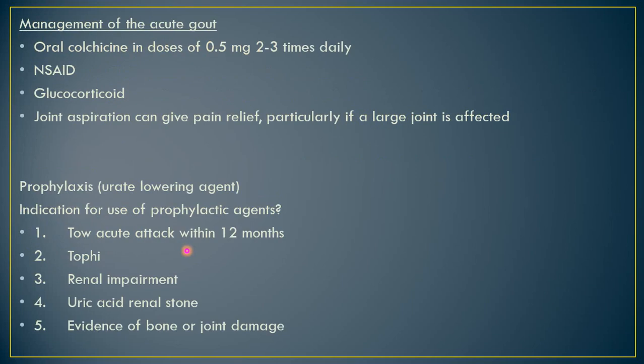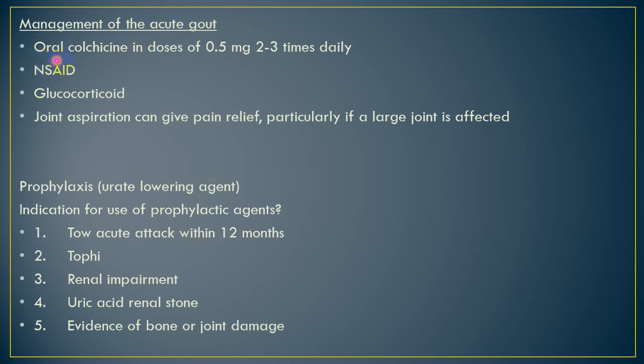Management. Our approach in the management of gout will be divided into two pathways. First is how to treat an acute attack of gout, and second is to prevent further acute attacks in the future. So, for management of an acute attack, we have several drugs, mainly anti-inflammatory, used to treat acute gout attacks.